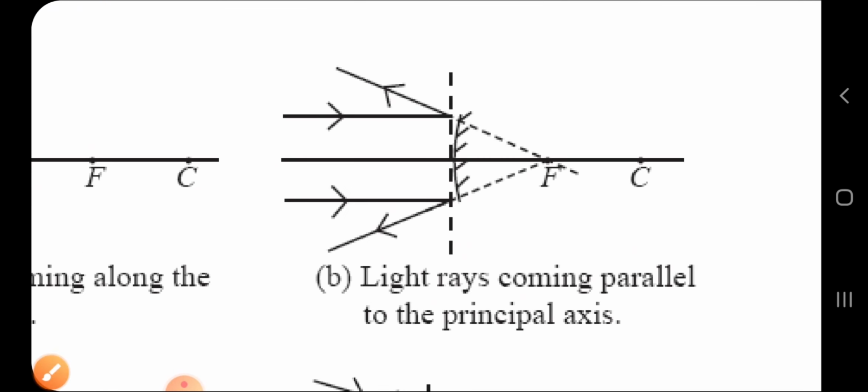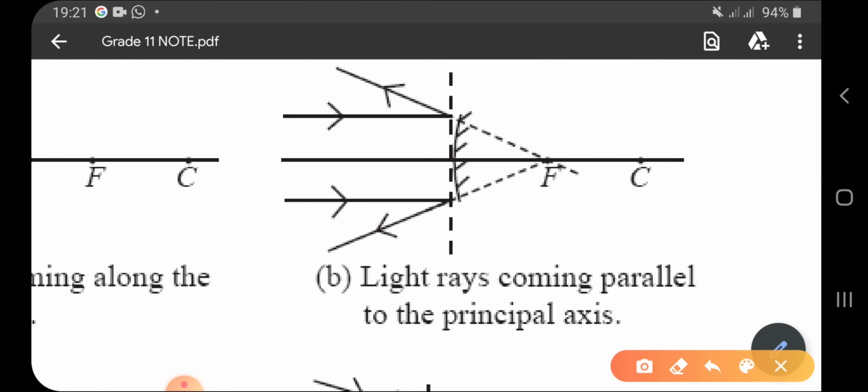The light rays will move as if coming from the focal point. So if a light ray comes parallel to the principal axis, it will move away so that it appears to come from the focal point, right?